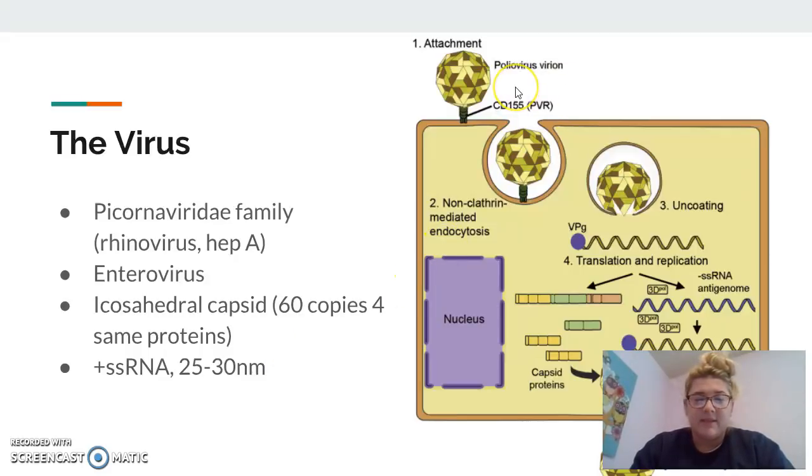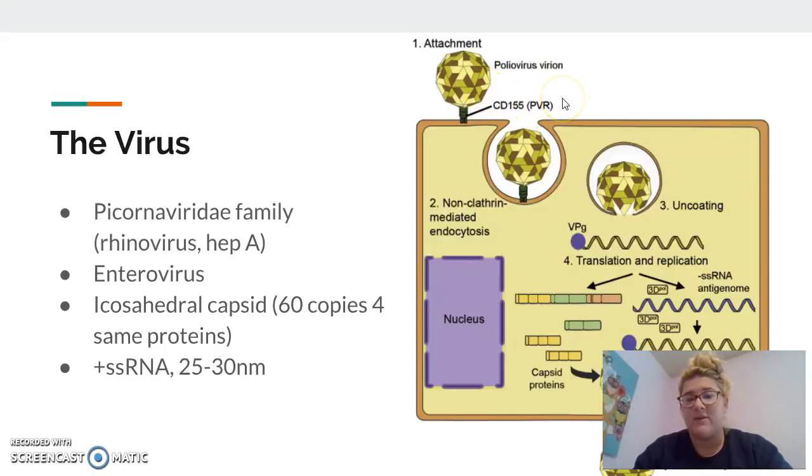So what happens is human nerve cells have this protein structure on the surface, the function of which is not really known, but unfortunately the poliovirus has a receptor.